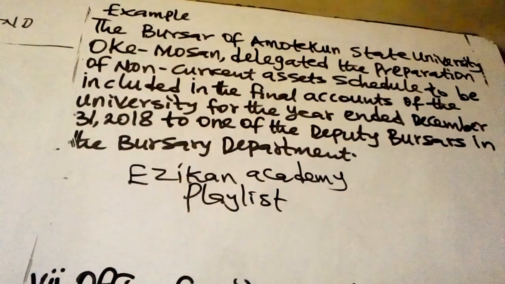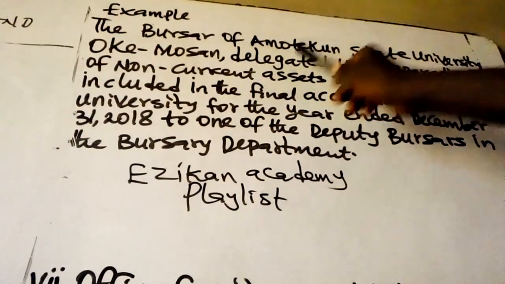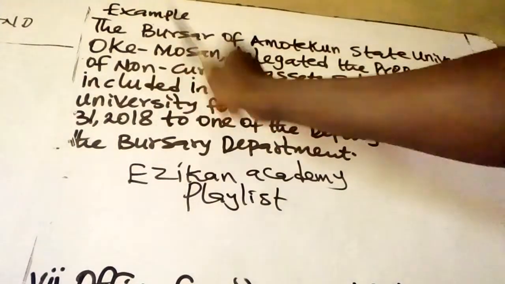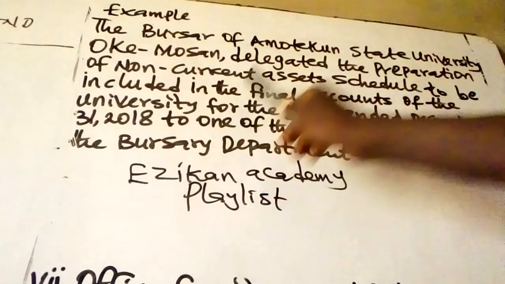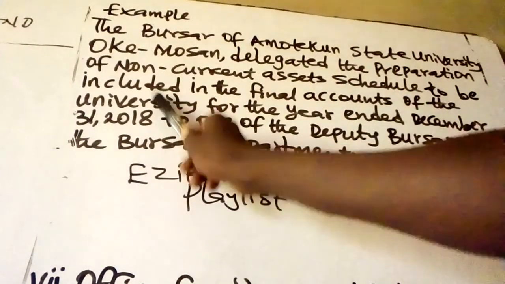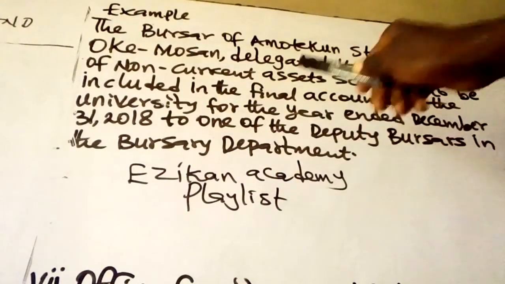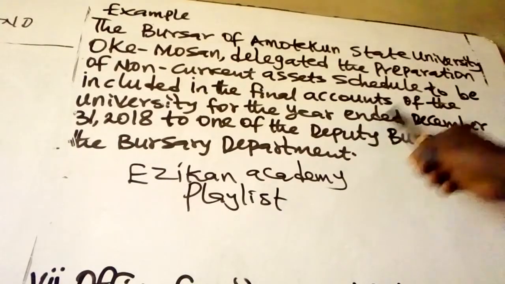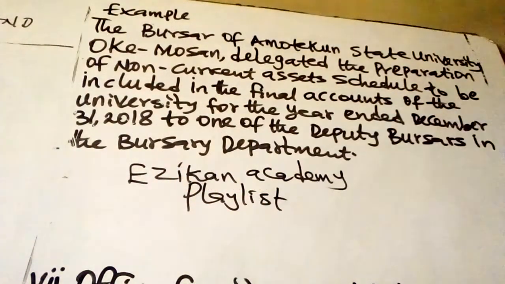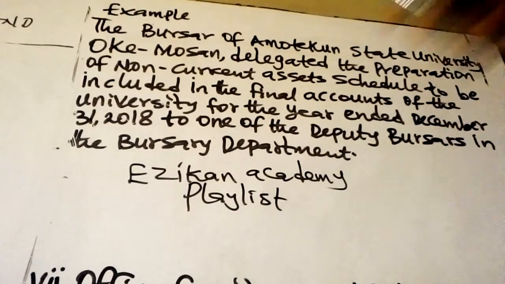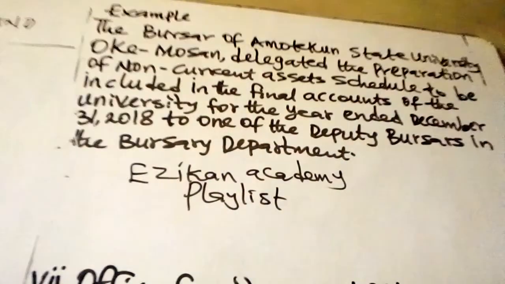Now, the bursar of Amotekun State University, Okemosan, delegated the preparation of the non-current assets schedule to be included in the final accounts of the university for the year ended December 31st, 2018 to one of the deputy bursars in the bursary department.